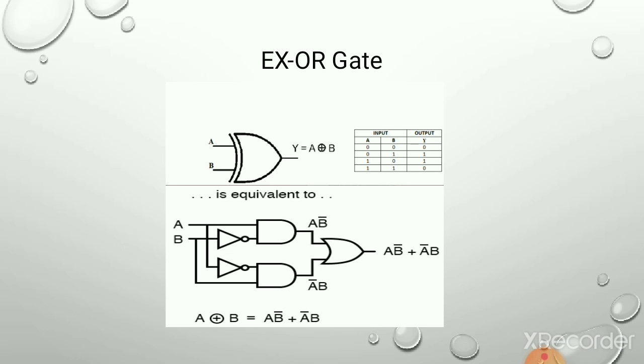The output is high when A is not equal to B. The Boolean expression for the two input XOR gate is Y is equal to A XOR B, which is also equal to A into B bar plus A bar into B. This is the equivalent circuit of this gate.